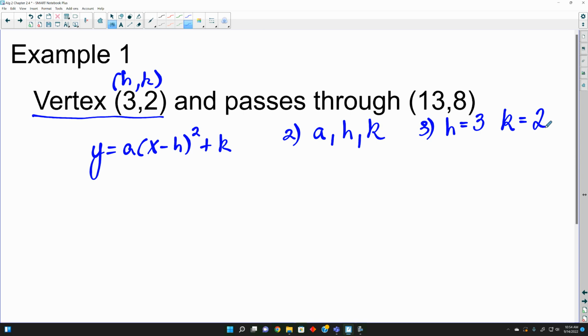Because the vertex is our h comma k, it tells us immediately what h and k are. So for that third part, we can say h is equal to 3 and k is equal to 2.